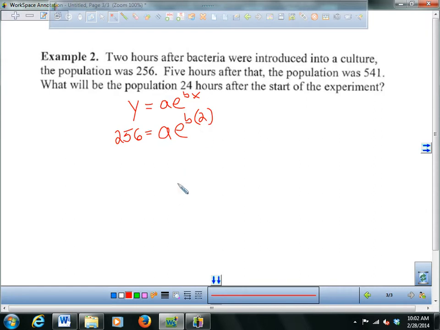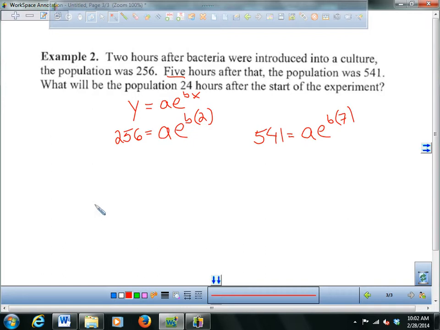So there's one equation, and then you have another equation, 541 equals A e to the B times 5. 7. It's 2 hours. Oh, thank you. Whoops, good thing. 7 hours, because it's 5 hours after that.